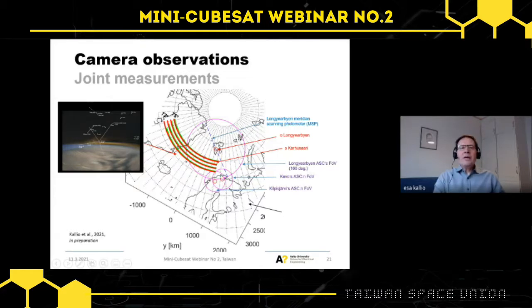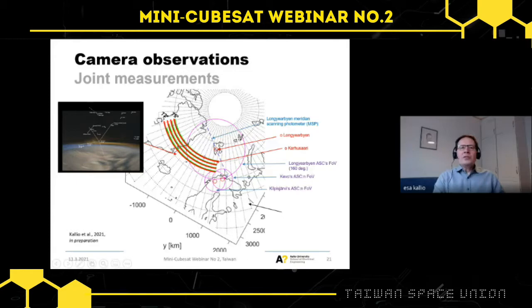For example, here we have Kilpisjärvi, here we have Kevo, all-sky cameras, field of view. Then we also have this Långerbuen with a very wide field of view. And then there is also a scanning photometer that takes data from this region.